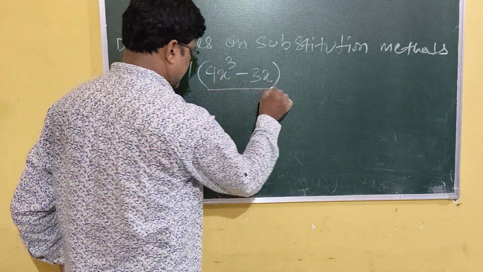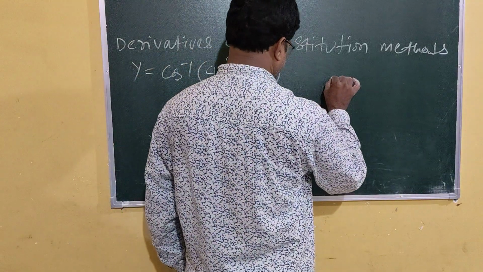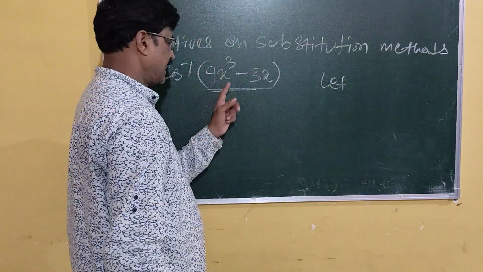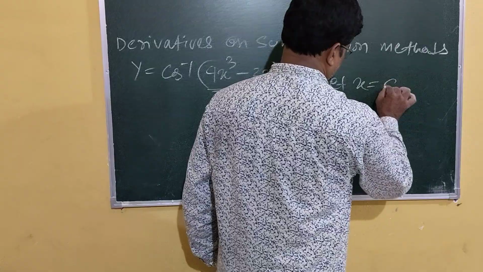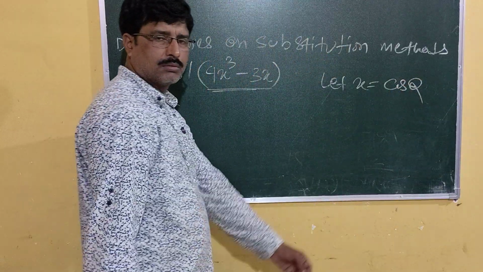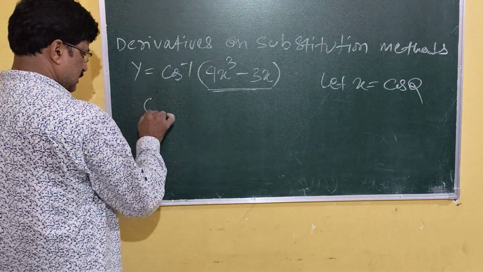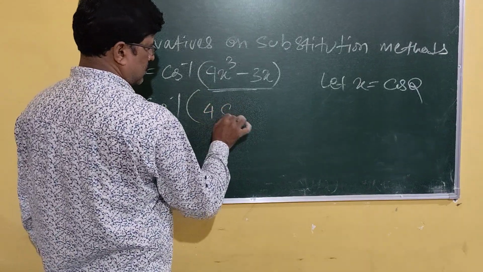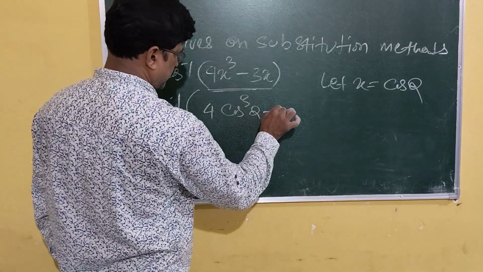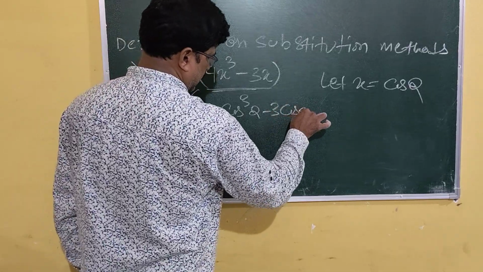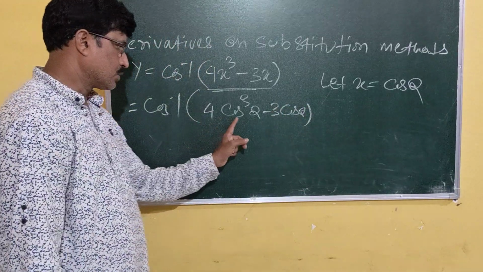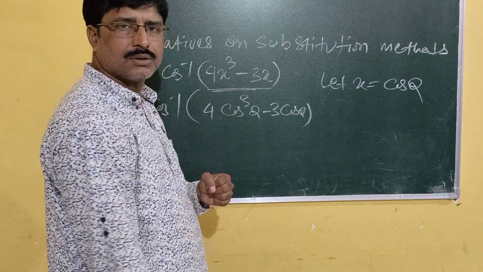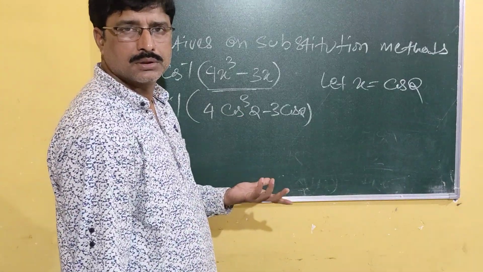But here, let x is equal to cos theta, what does it give? Cos inverse of 4 cos cube theta minus 3 cos theta, which is equal to cos 3 theta.